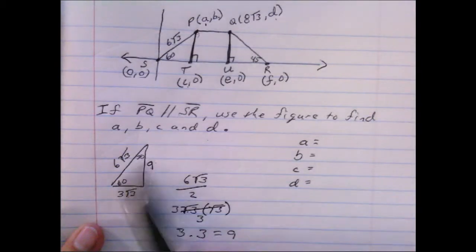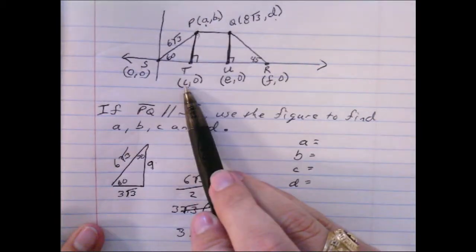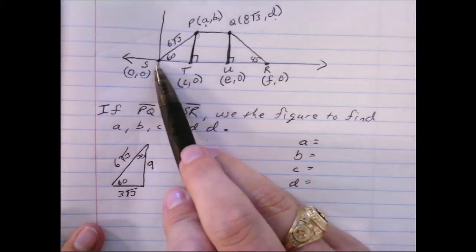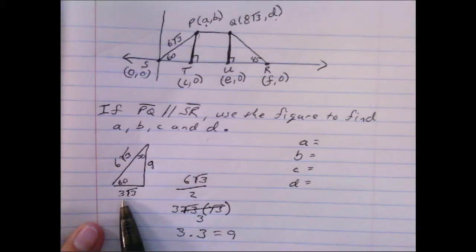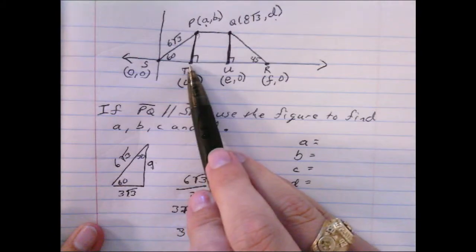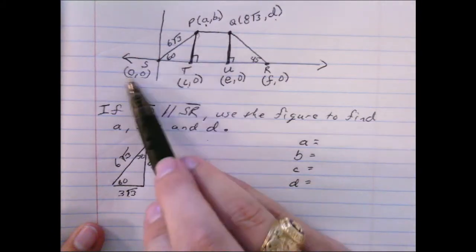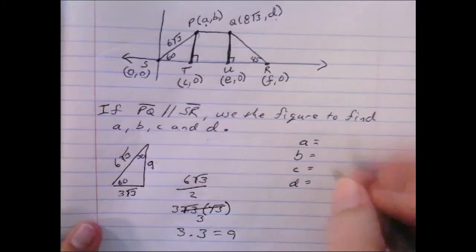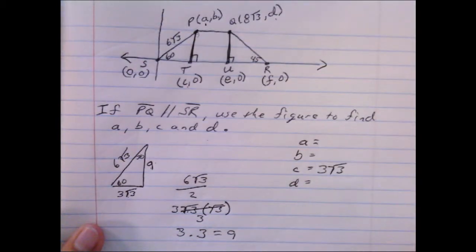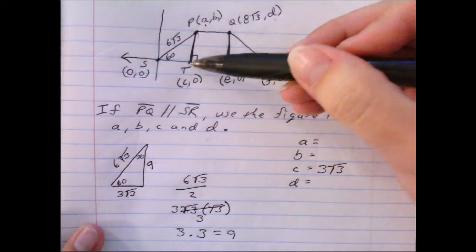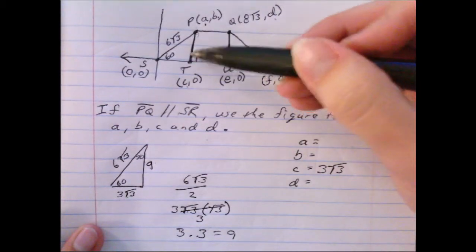Alright, so I'm going to use this information to help me find A, B, and C here. So first, I'm starting at the origin. I'm going to go over 3 square root of 3 units to get over here. So that means my x value went from 0 to 3 square root of 3. Okay, now we're going to be coming straight up. This is a 90-degree angle here.